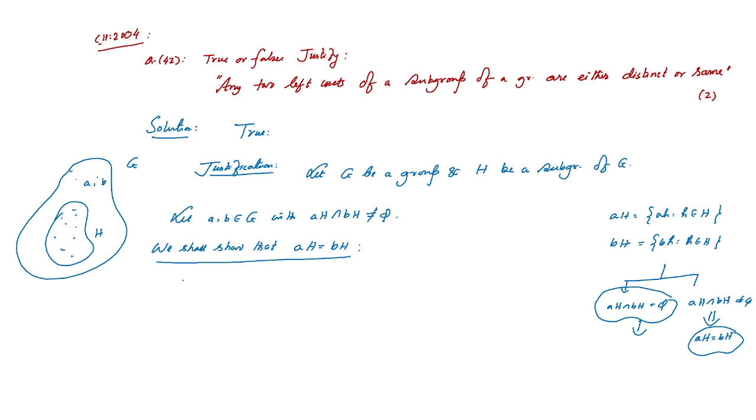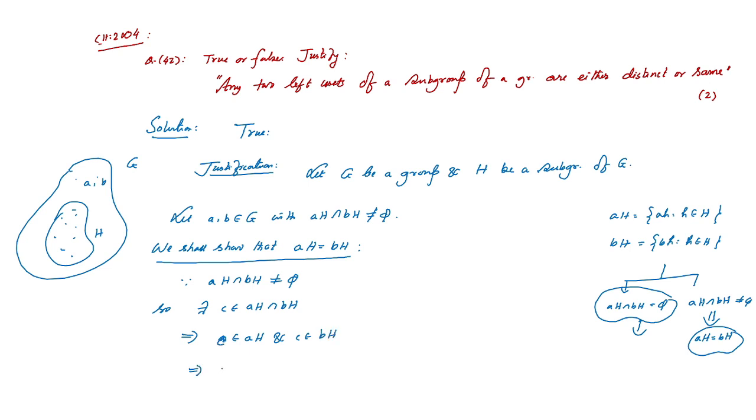Since aH intersection bH is non-empty, there exists an element c belonging to aH intersection bH, for some c belongs to G. So obviously that implies c belongs to aH and c also belongs to bH.